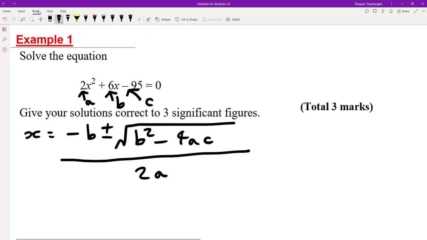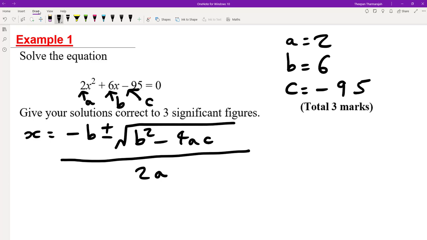So we could write down the coefficient of x squared is a, which is 2, the coefficient of x is b, which is 6, and the coefficient of the constant term is just minus 95. So we've got a is 2, b is 6, and c is minus 95. So we're going to substitute the values in. So it's minus b, so it's minus 6 plus or minus the square root.